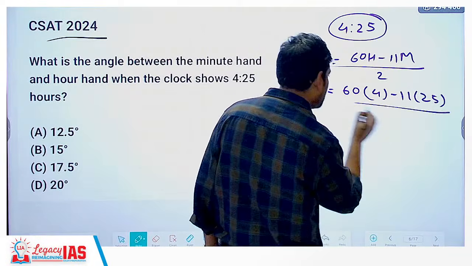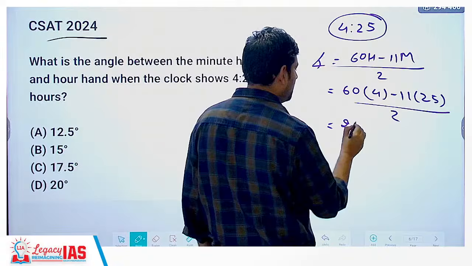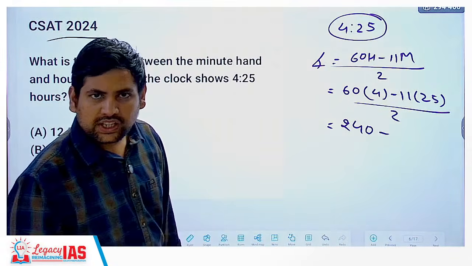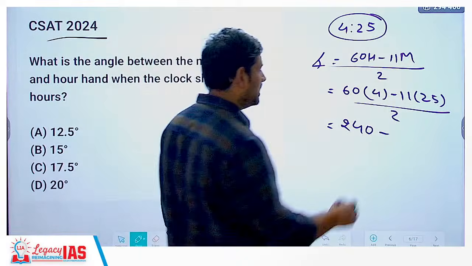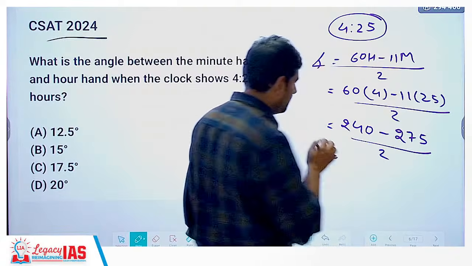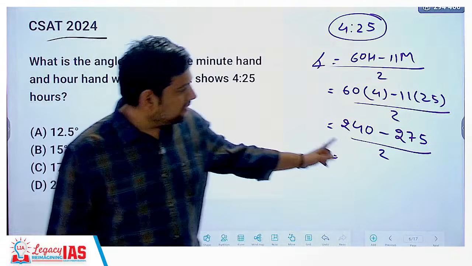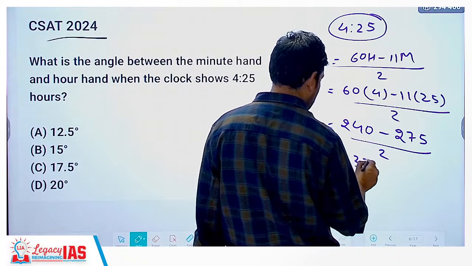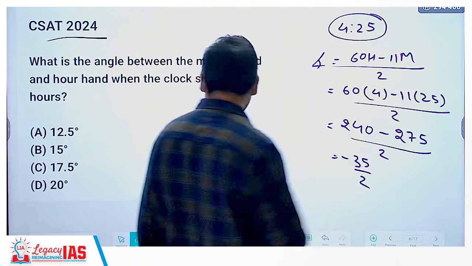M is 25 by 2. 6 4s are 24. So this becomes 240. 11 into 25, 250. 250 plus 25 becomes 275 by 2. Correct? Then 240 minus 275 is minus of 35 by 2.